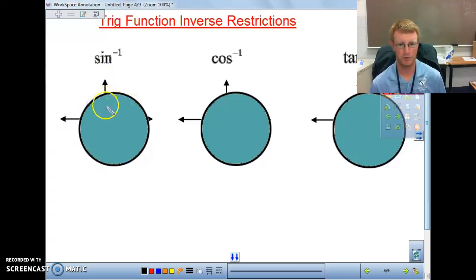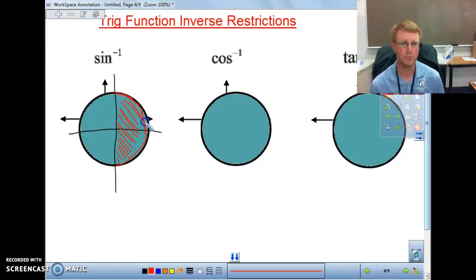Here's the idea. If this is our unit circle, here's what we need to understand. We do have some restrictions when we take the inverse in our calculator. I'm just going to draw new axes since they're covered up, but you see them on your paper. The restriction is that when we take the inverse sine, the answer is always going to be on the right-hand side of the graph.